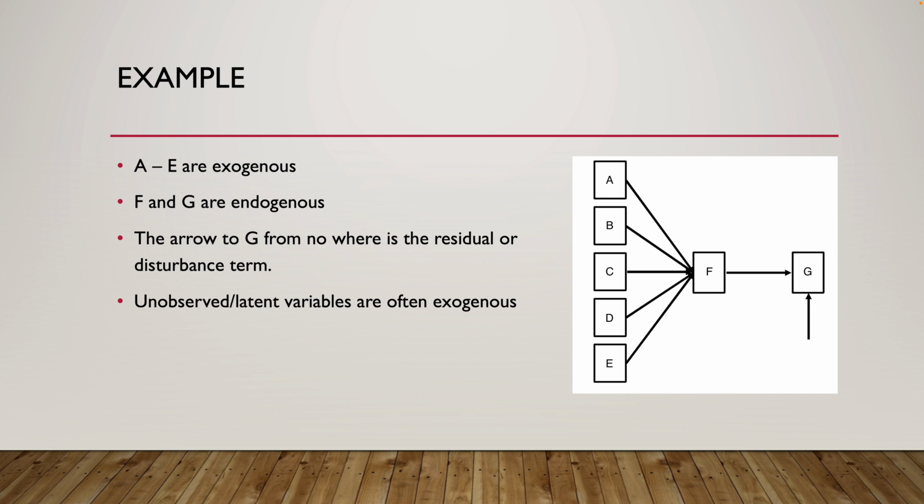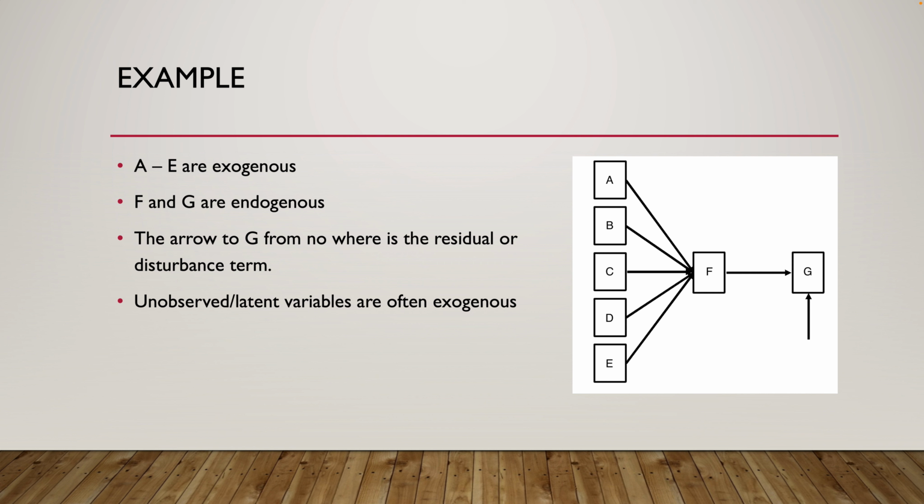Now, what we get into a lot is this is perfect for latent unobserved variables, which are often used as exogenous variables. Because if we think about this design, let's say G is success in a calculus class, let's just stick with that, and F is success in a trig class.